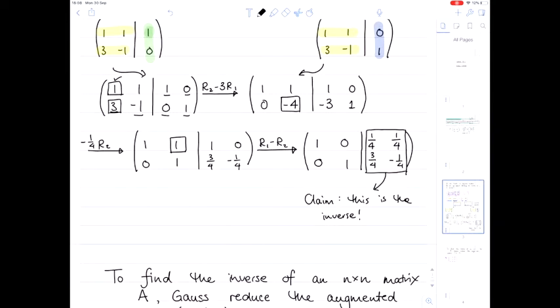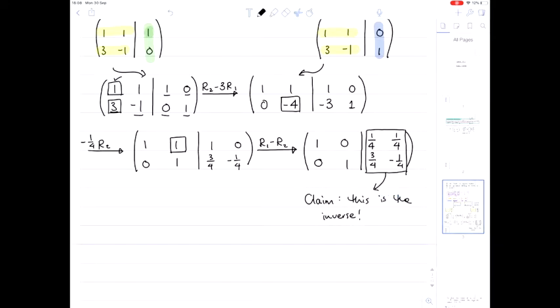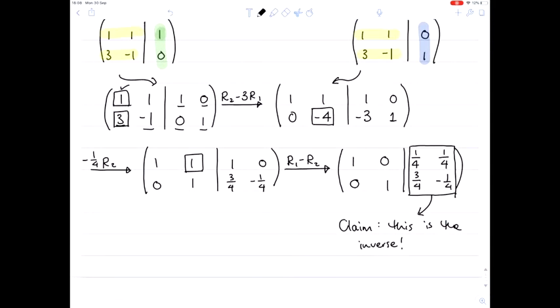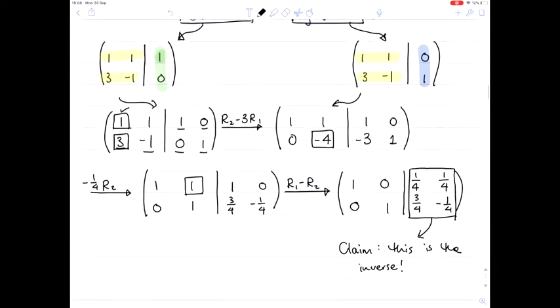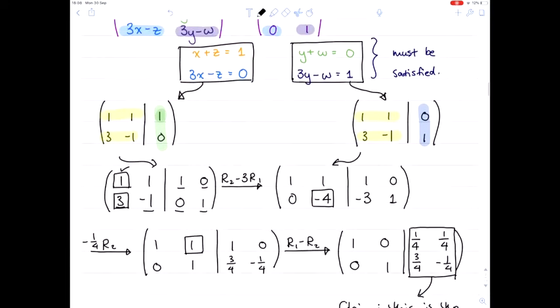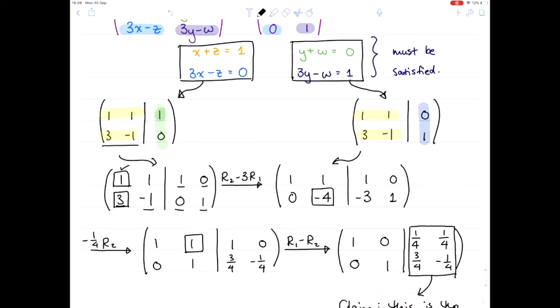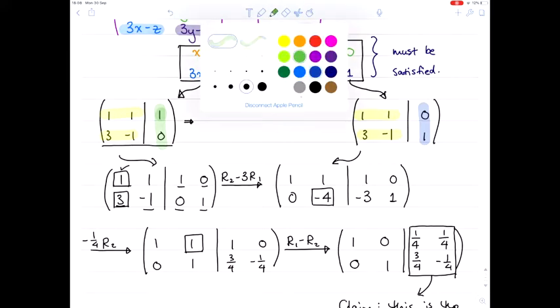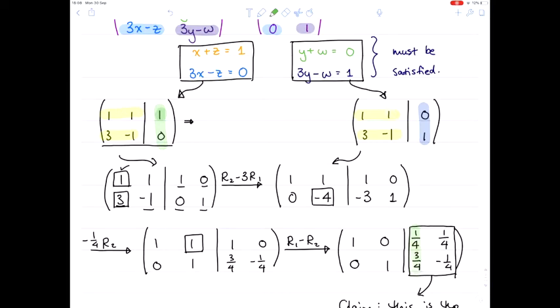So it's worth taking a moment to think how this could possibly be. Let's take some time to look at that. So let's look at what we've actually found here. If we just Gauss reduced this matrix over here, then this would have told us that we would have ended up with this column here.